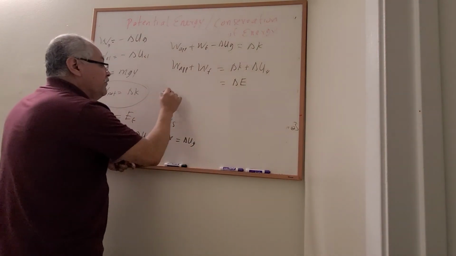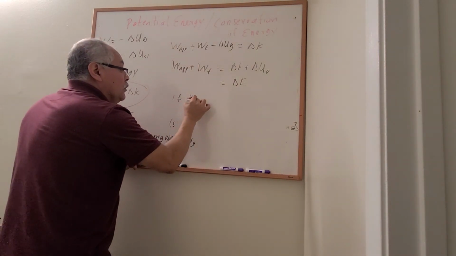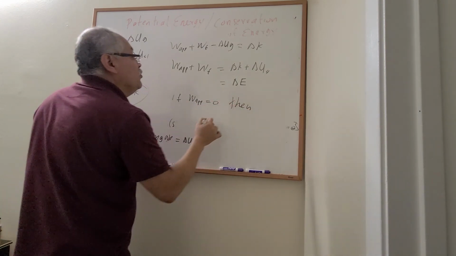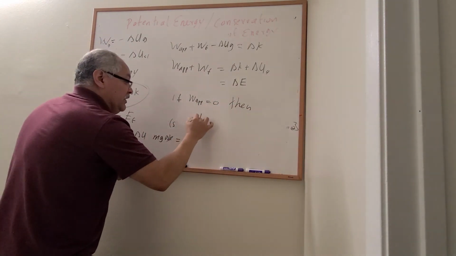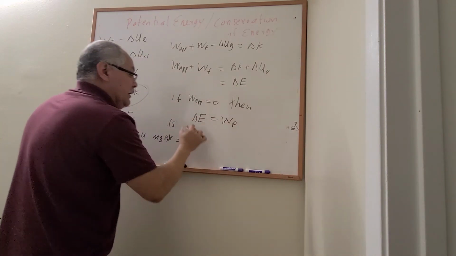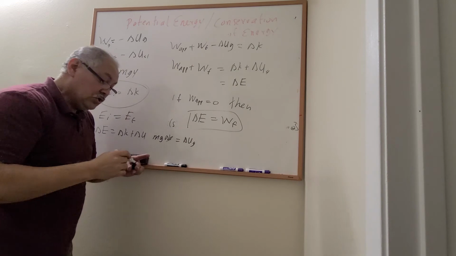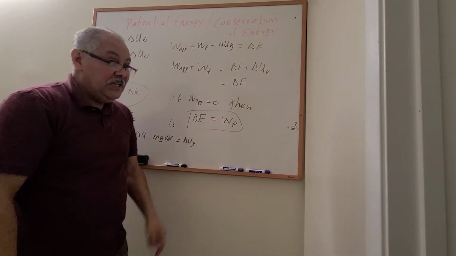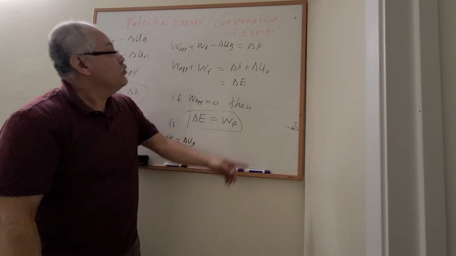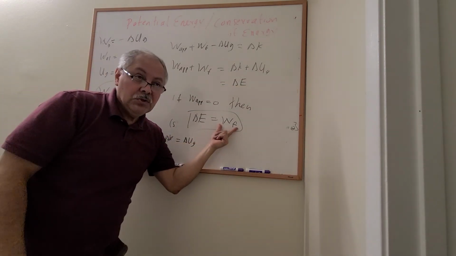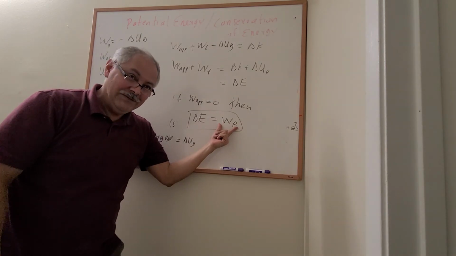If the work done by the applied force equals 0, then what do we have? We have that the change in the total mechanical energy is equal to the work done by friction. So when we have friction, the change in the total mechanical energy, which is the change in kinetic plus the change in potential, is equal to the work done by friction.